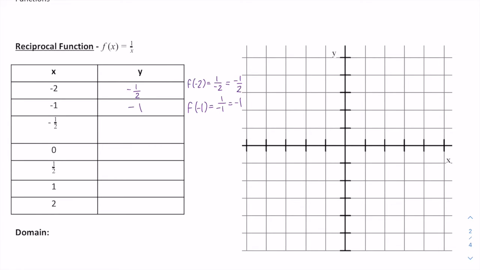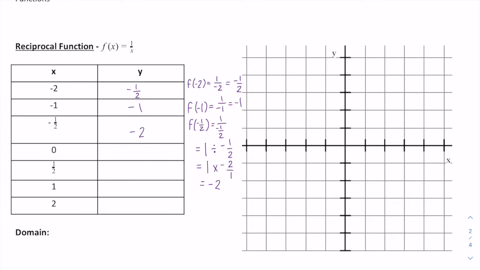The one that's a little bit trickier is f(-1/2). That is 1 over -1/2, and I'll show you how to do this fraction. That's the same as saying 1 divided by -1/2, which is the same as 1 times -2 over 1. So that equals -2. Then you can just continue filling these out.